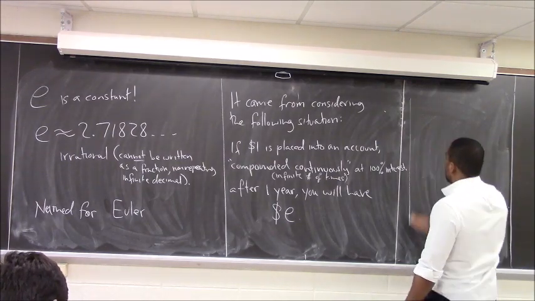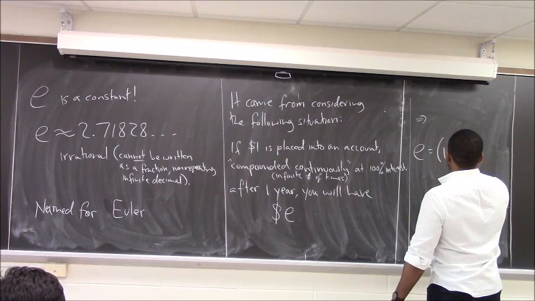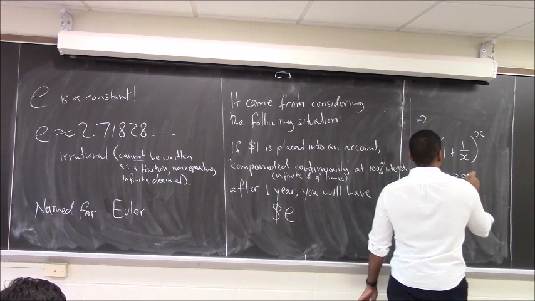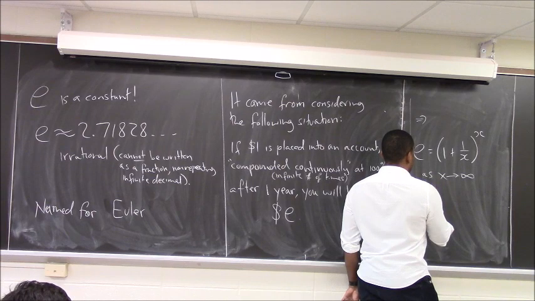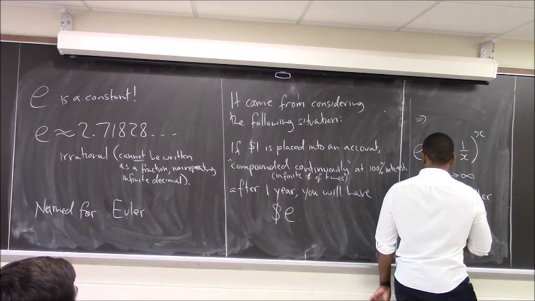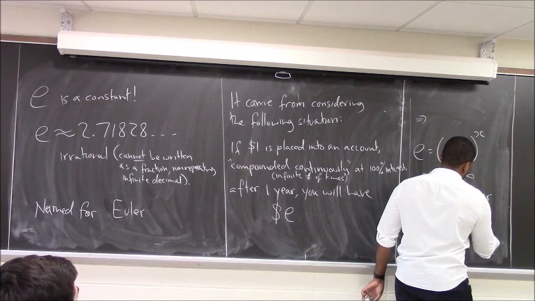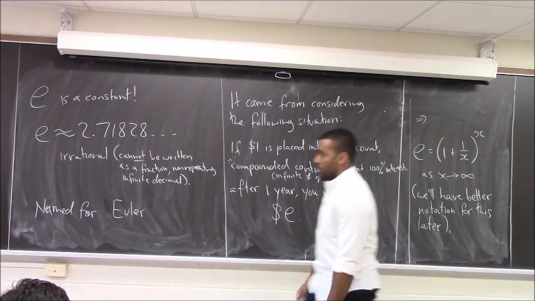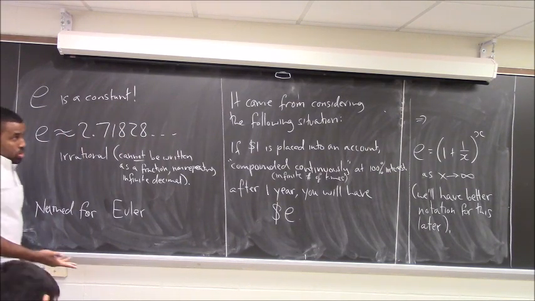And so we can say here that E, based on the compound interest formula, we can think of it as this guy as x goes to infinity. Again, we'll have better notation for this later. But otherwise, it's a bona fide exponential function.